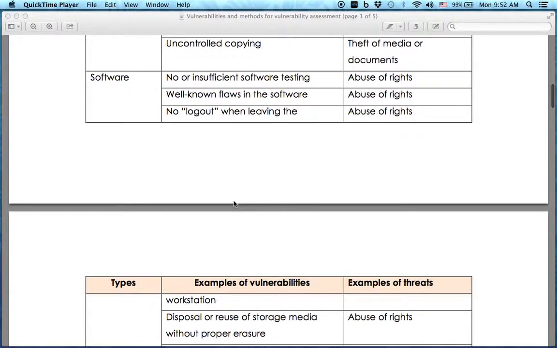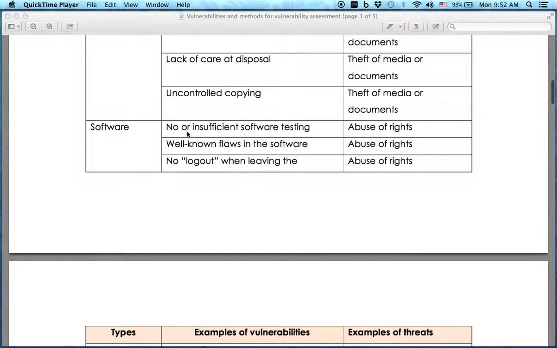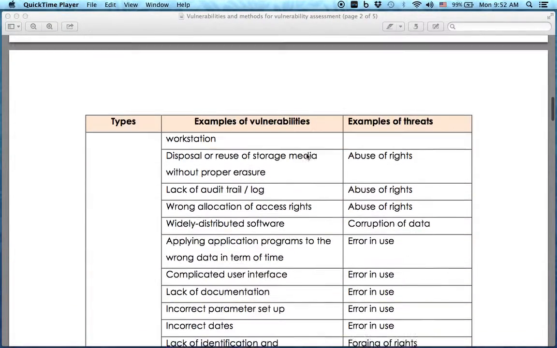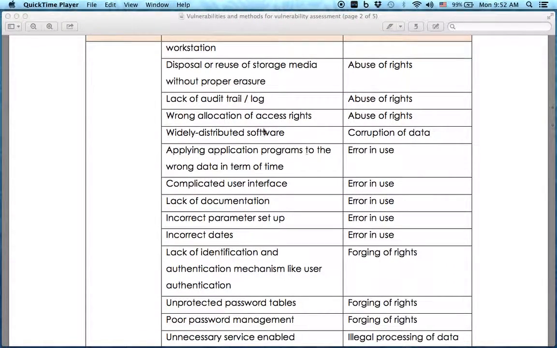For the software part, for example, no or insufficient software testing, the threat is abuse of rights. Well-known flaw in the software, meaning the gap in the operating system that we execute. So the threat is abuse of rights.